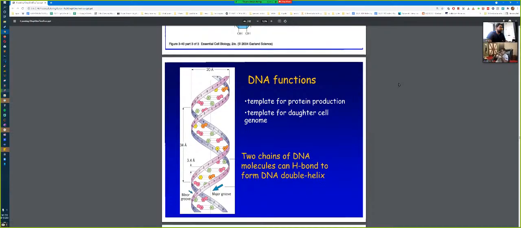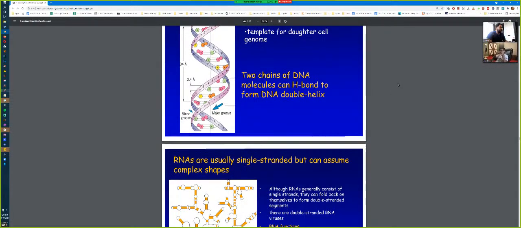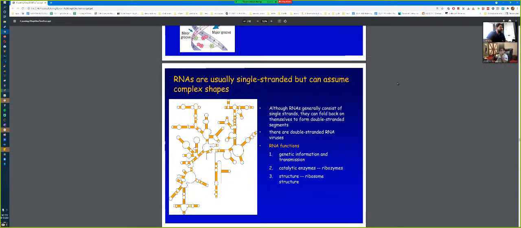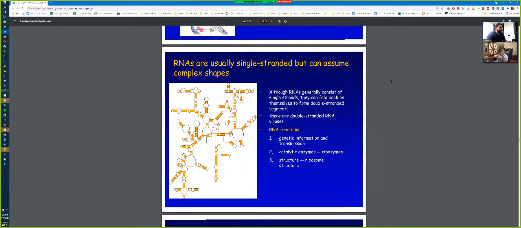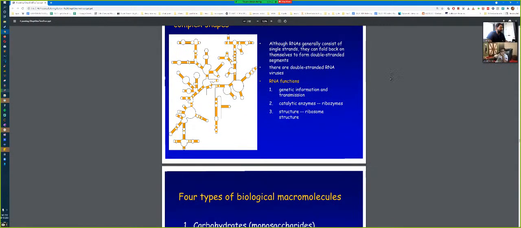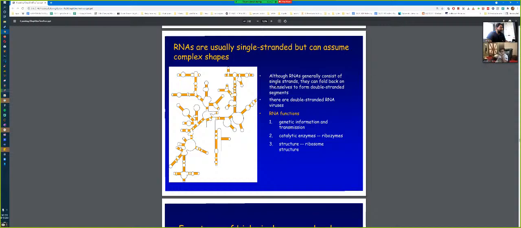So we know what DNA does. Now RNA. Now we're gonna talk about things that matter. RNA is single-stranded, but it can fold back on itself to form double-stranded segments. And there are also some viruses that have double-stranded RNA.